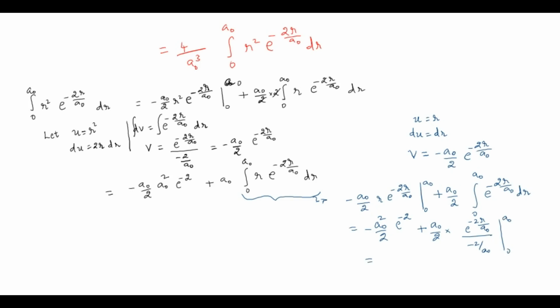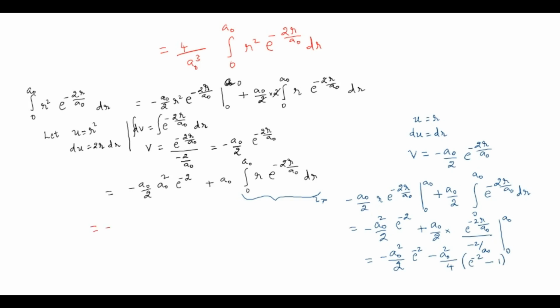So this becomes a naught square by 2 e power minus 2, and this becomes minus a naught square by 4. When I substitute the upper limit I get e power minus 2, and the lower limit e power 0 is 1. So let us substitute this one here.